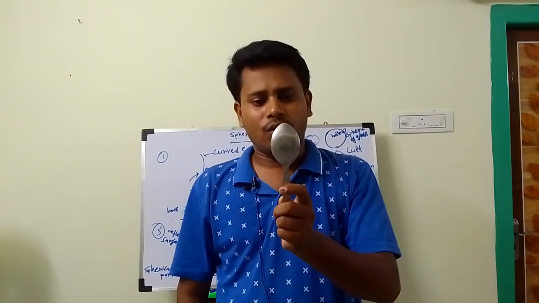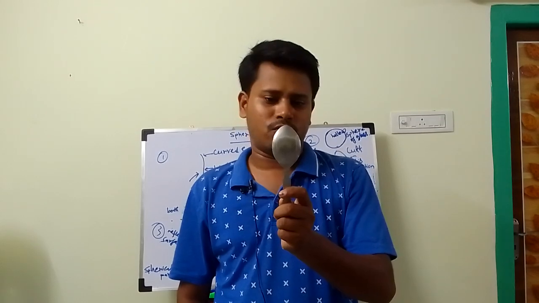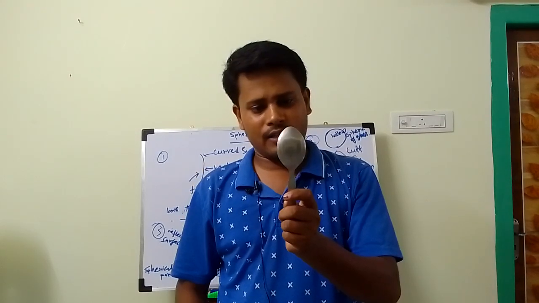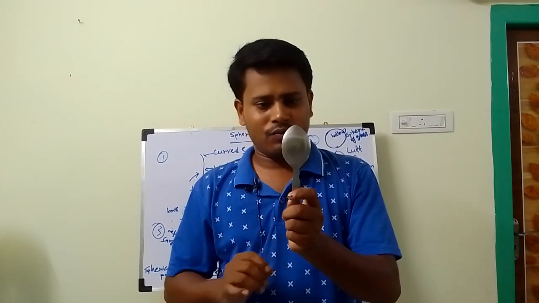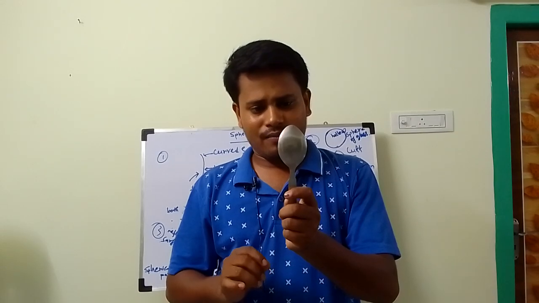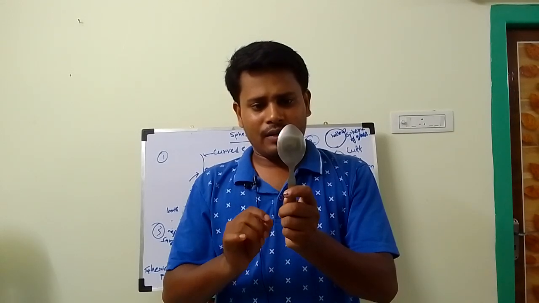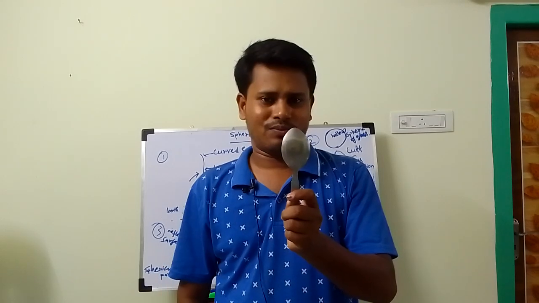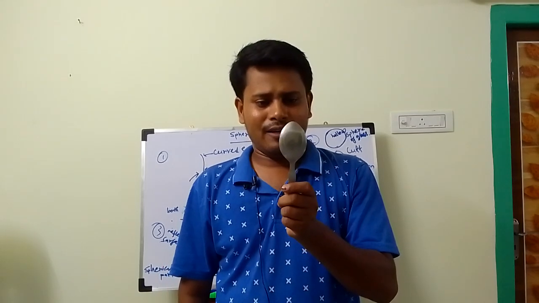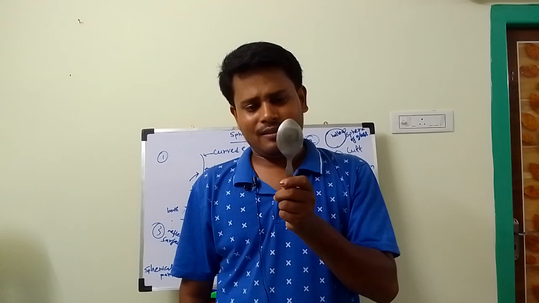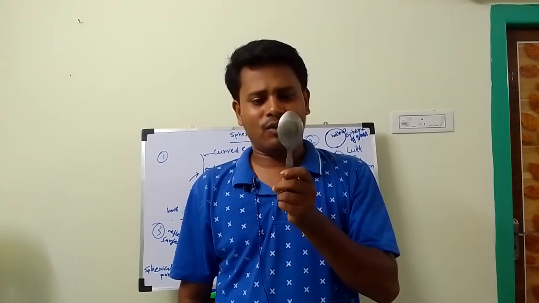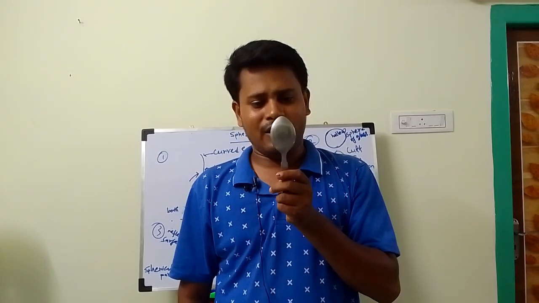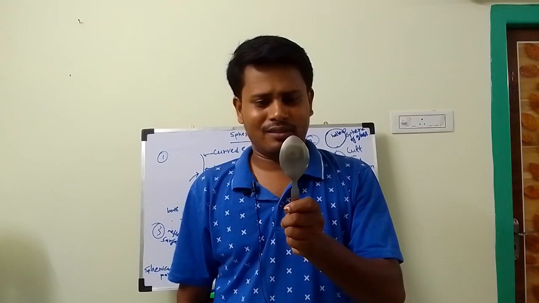If we look at the front surface of the spoon, I can see my image on it, and if I take this spoon very near to my face, the image becomes very funny.